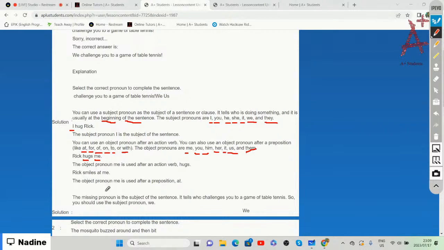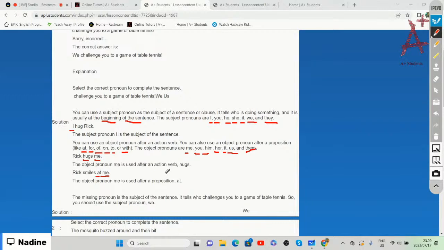Another example is Rick smiles at me. Me is our pronoun, and it comes after the preposition at.